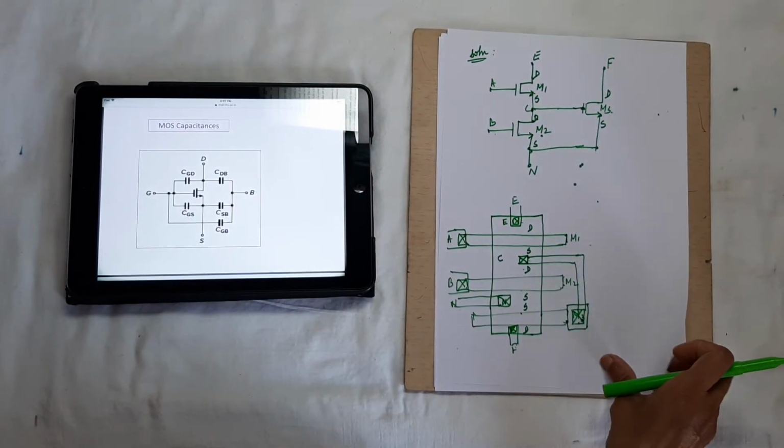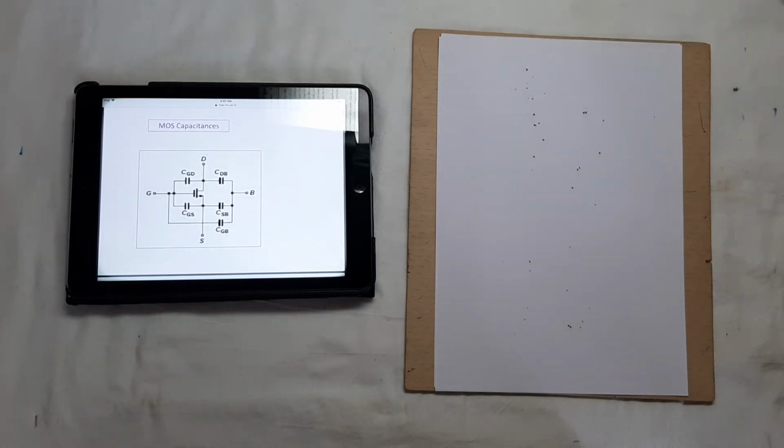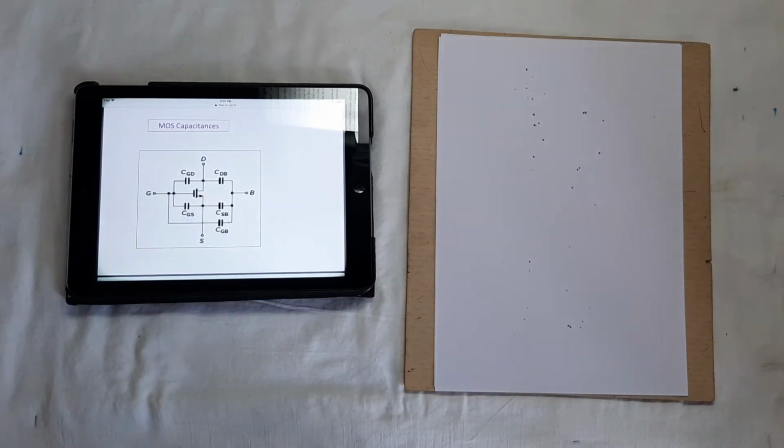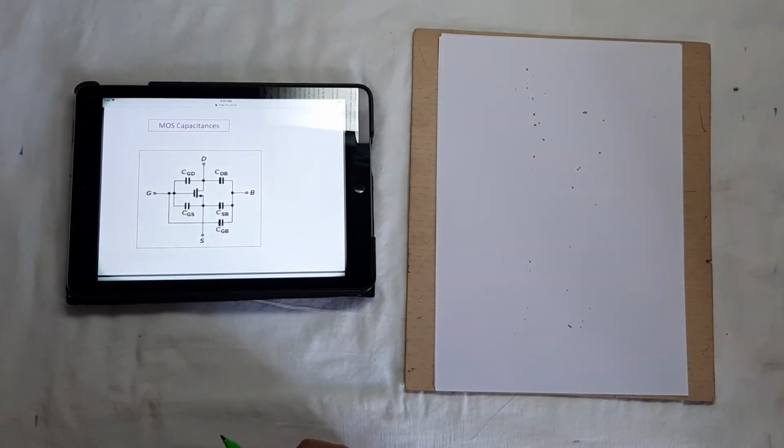Next is the MOS capacitances. See, there exists a capacitance between every two terminals of the MOS transistor.